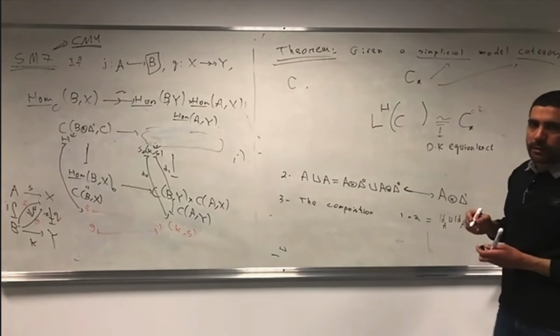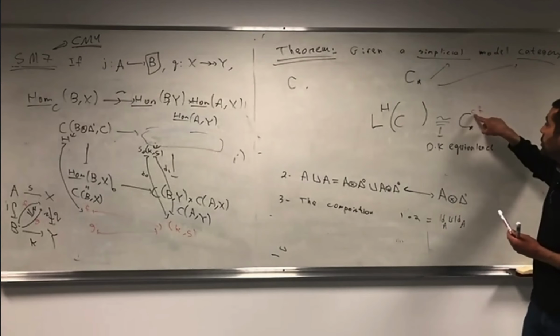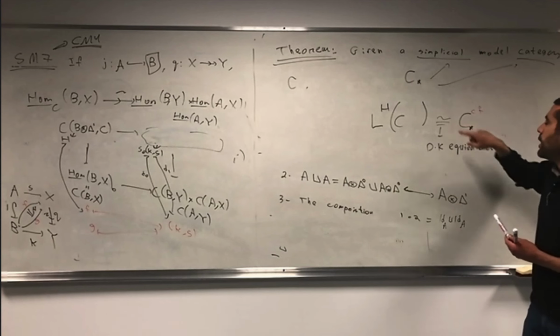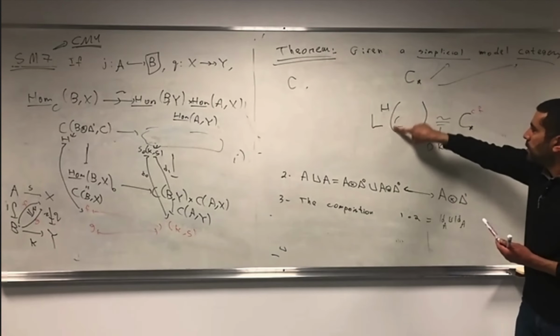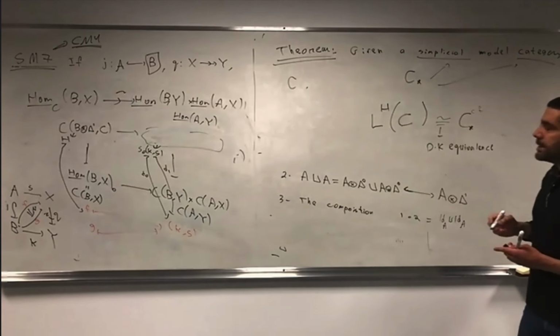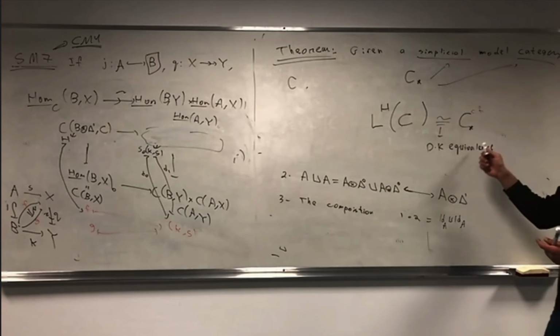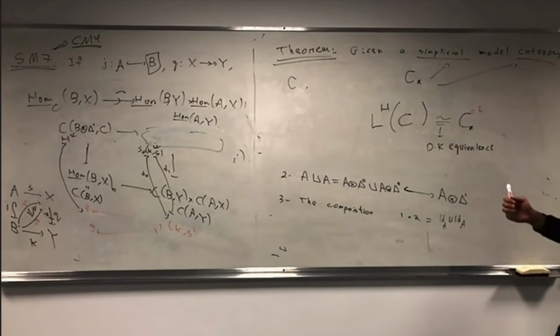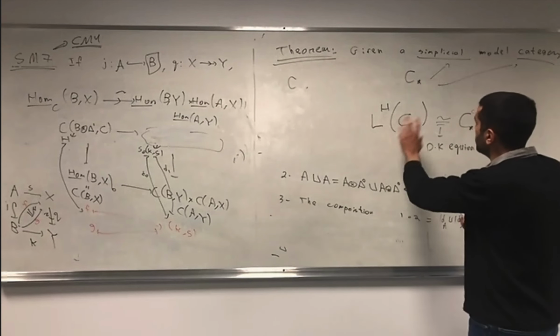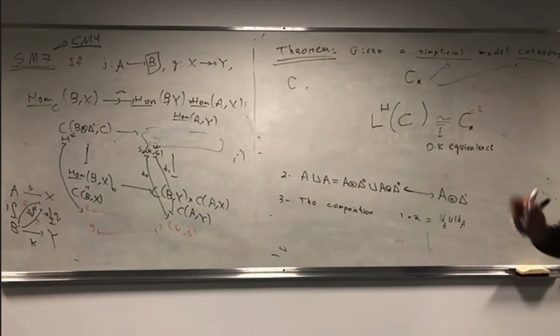We forget about the model category, but we take the objects, just the fibrant and cofibrant ones. Then we have a Dwyer-Kan equivalence to the Dwyer-Kan localization, the hammock localization. This is the big theorem they have. It does not say, by the way, that the localization is by itself a simplicial model category.